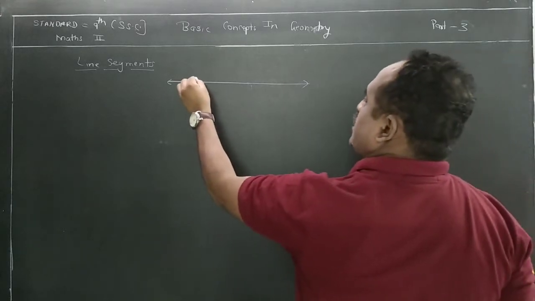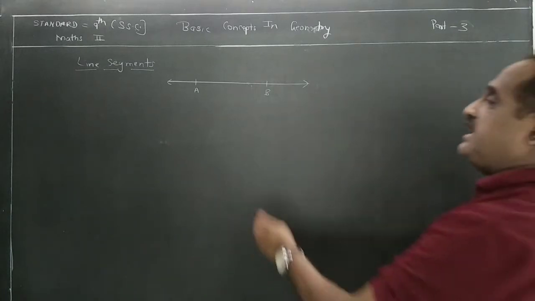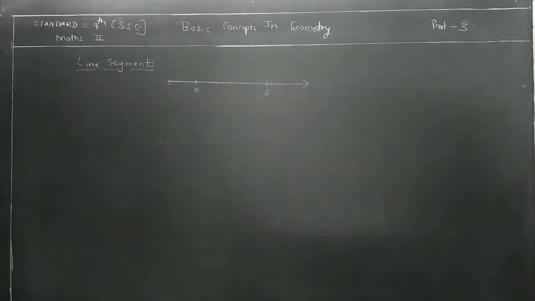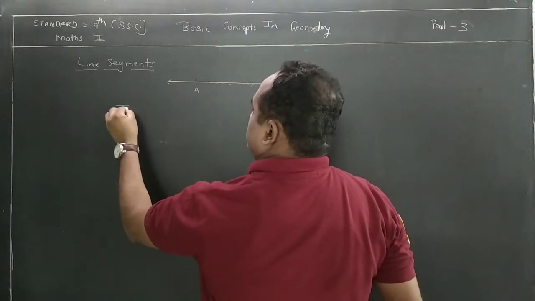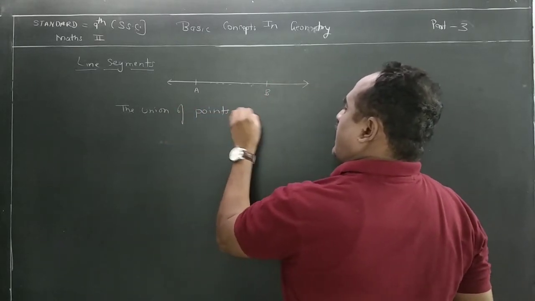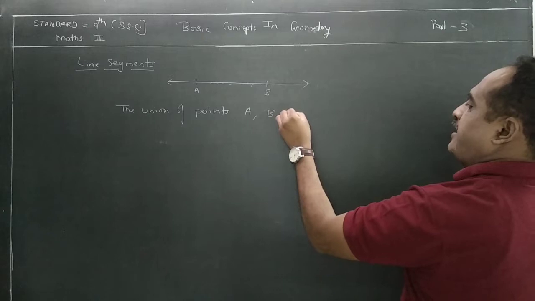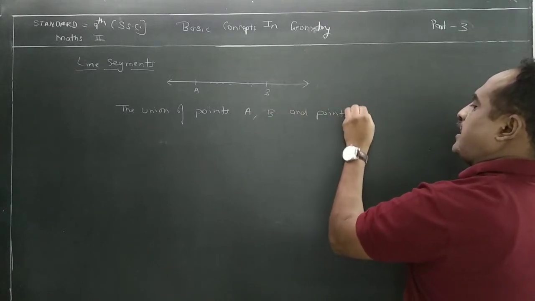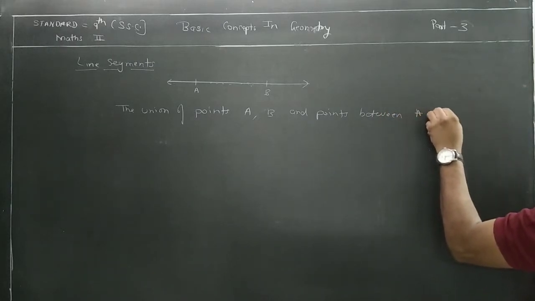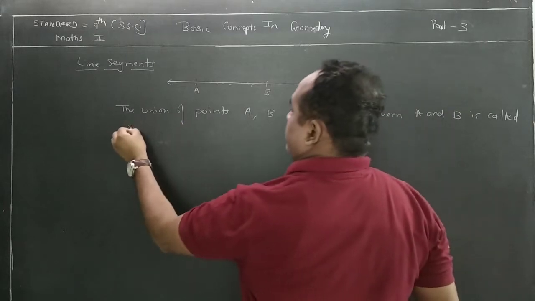And suppose I take any two points, and there are many points between A and B. So as per the definition of line segment, the union of points A, B, and the points between A and B is called segment AB.